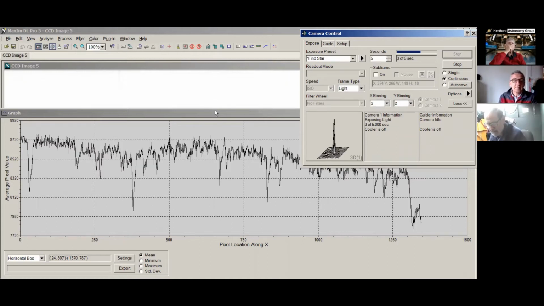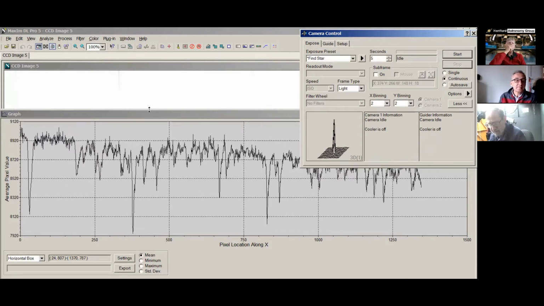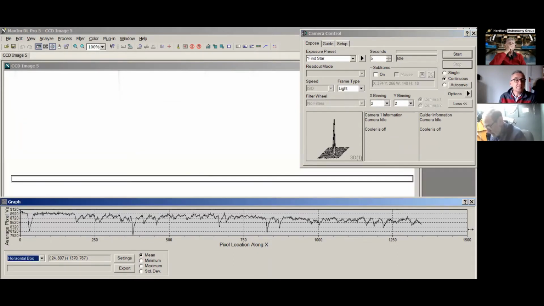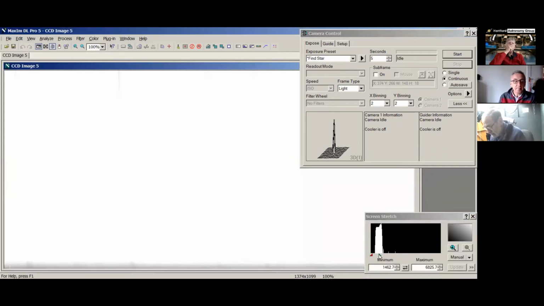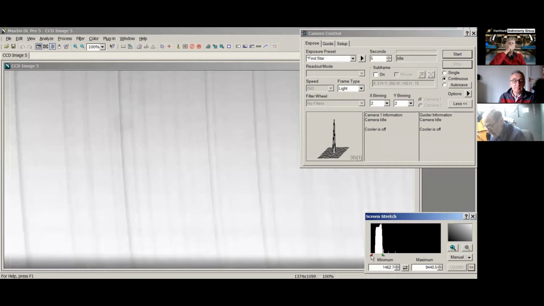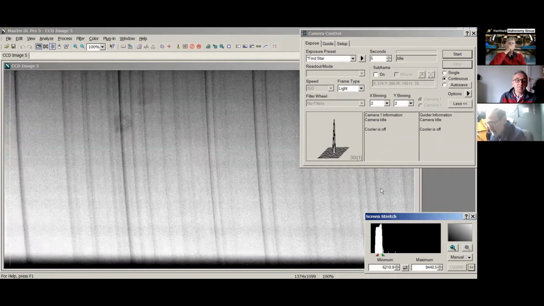Right, now I'm just going to stop that for a moment just to see how that's looking. Just adjust that to 3 seconds, see if that makes it any better.